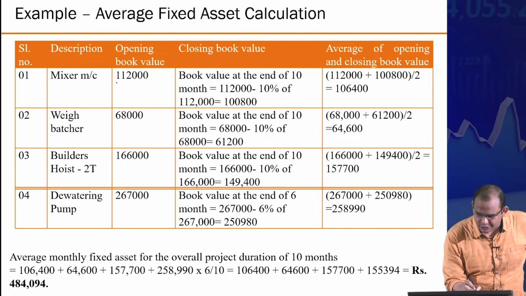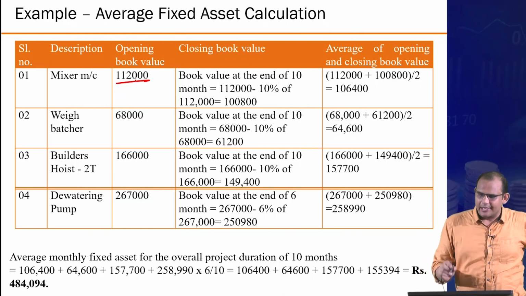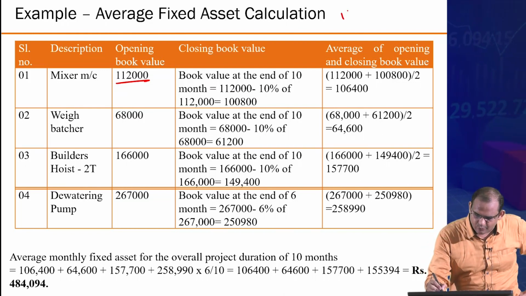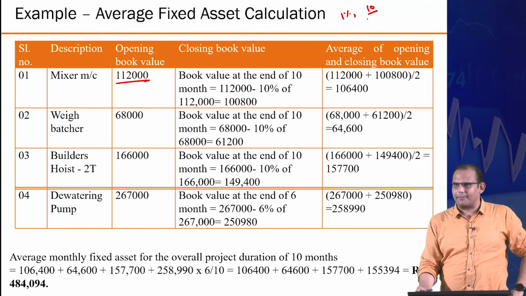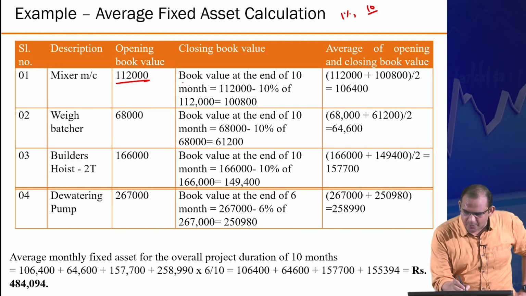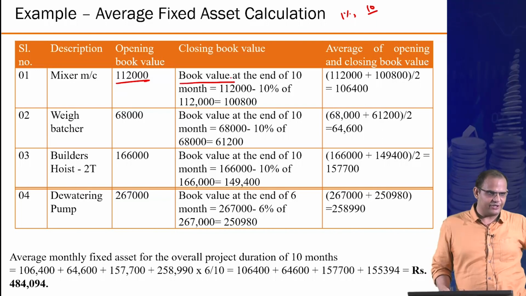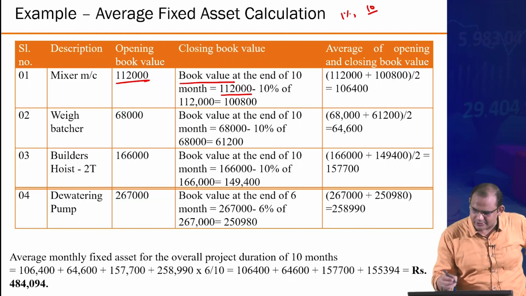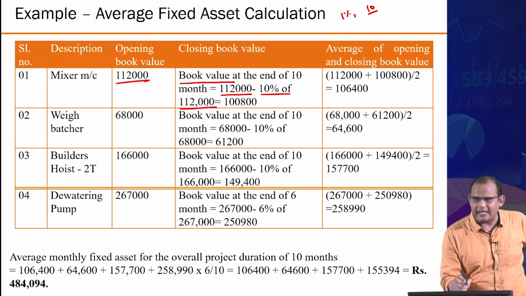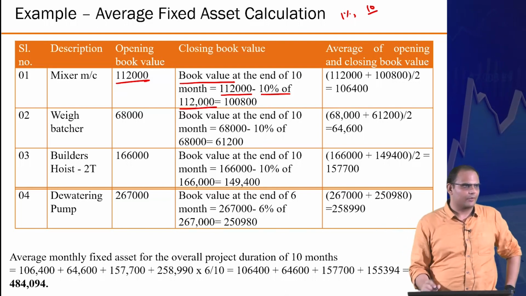Your opening book value, let's say for the mixer, is whatever is given to us. You know that the depreciation is 1% per month and you are using this machine for 10 months, right? So the book value at the end of the 10th month just for this mixer machine would be 1,12,000 minus 10% of 1,12,000, because 1% each month, 10% you are removing in total.